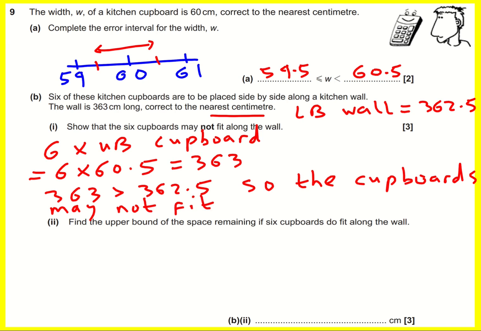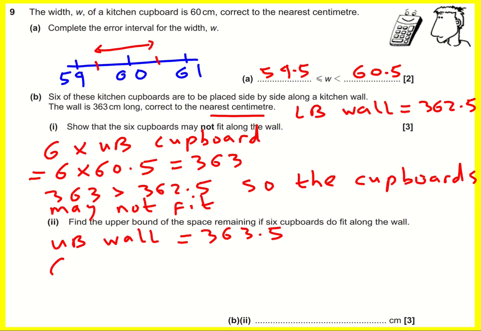Find the upper bound of the space remaining if 6 cupboards do fit along the wall. So the upper bound, this is going to be kind of the reverse problem. Now we kind of want to use the upper bound for the wall. Like what if we had the most possible space along the wall? And that's going to be 363.5.